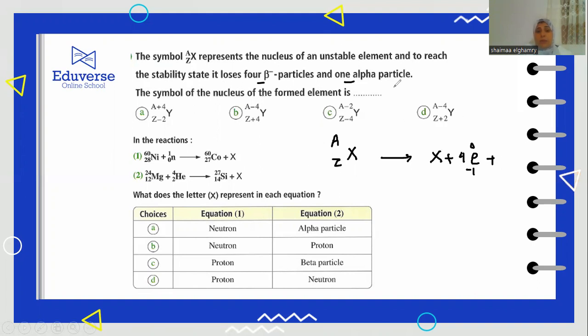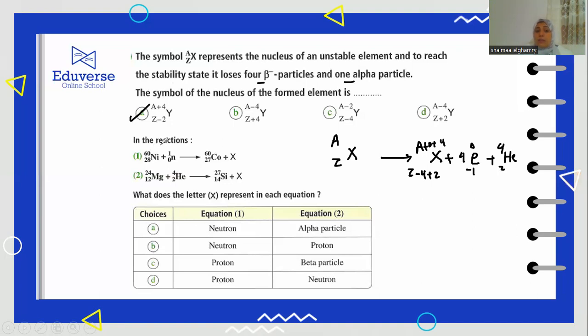Helium, 1 of alpha particle, which is helium 2, 4. So X here has Z -4 plus 2. This is what? Z. And A plus 0 plus 4. So which one is the best choice? So it will be Z -2 and A -4, which is A.